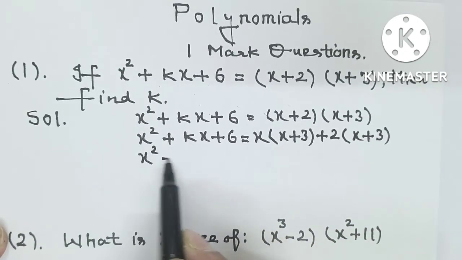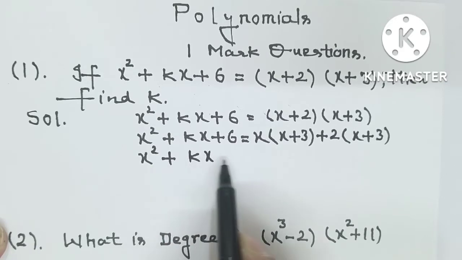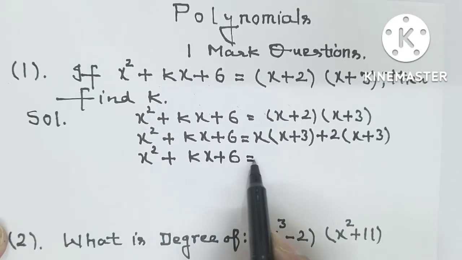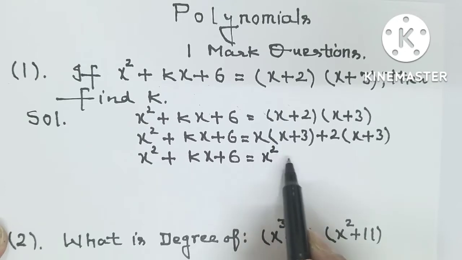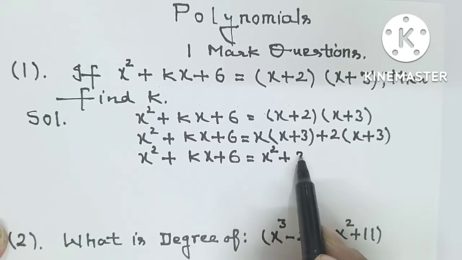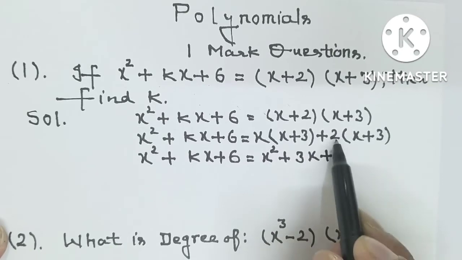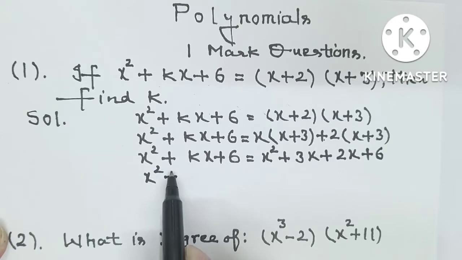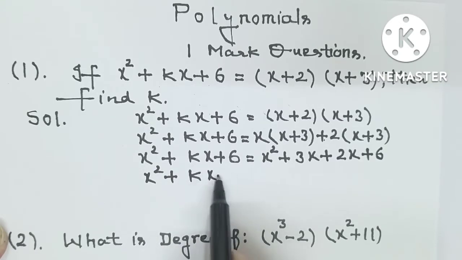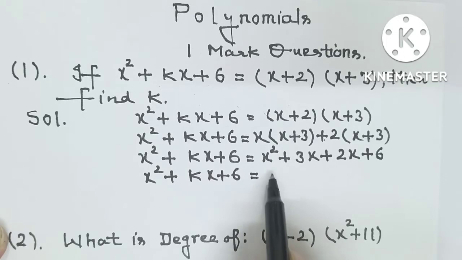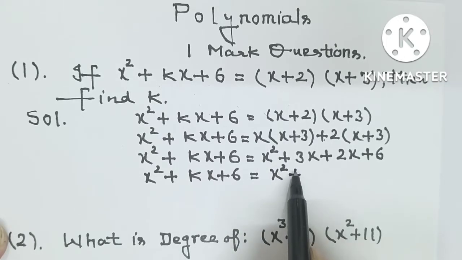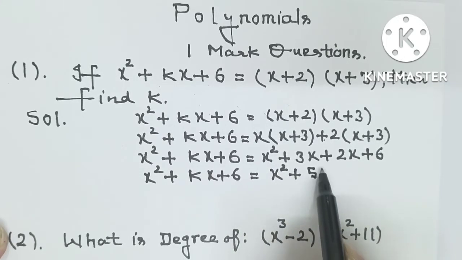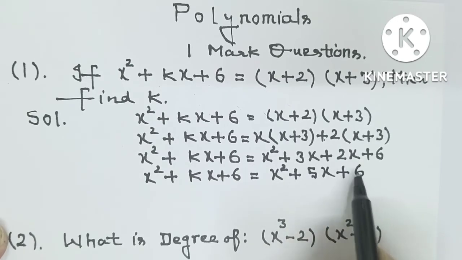x square plus kx plus 6 is equal to x into x is x square, plus 3 into x is 3x, plus 2 into x is 2x, plus 2 into 3 is 6. Further we will solve: x square plus kx plus 6 is equal to x square plus 3x plus 2x is 5x plus 6.